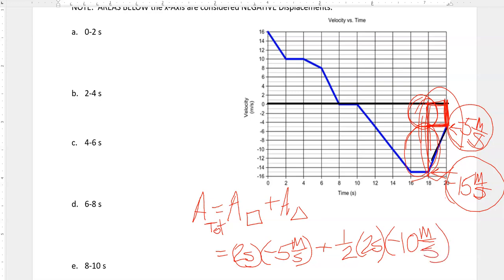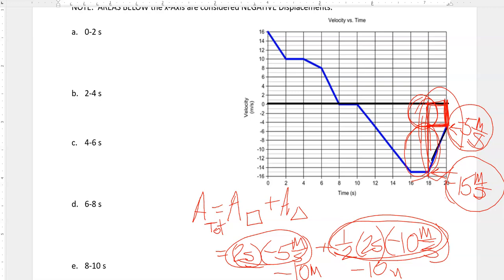And when we take a look at each piece, we see the first piece is equal to -10 meters. That's that displacement of the rectangle. And the displacement of the triangle, right here, 1/2 times 2, well, that's just 1, times -10, is another -10 meters of displacement.